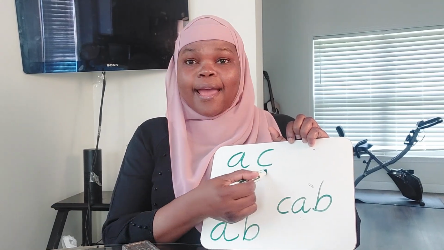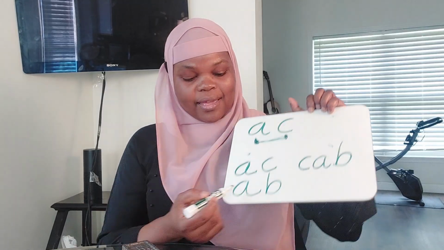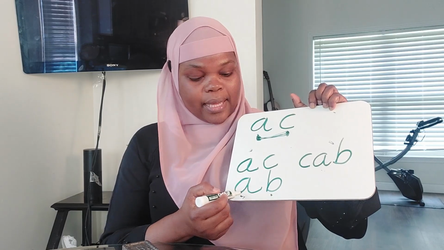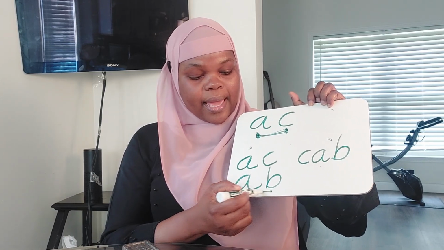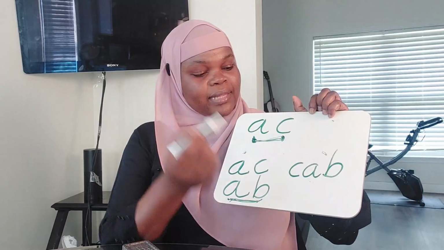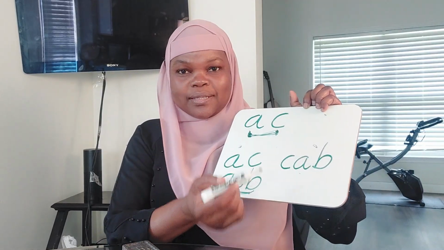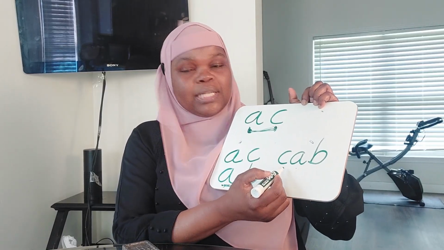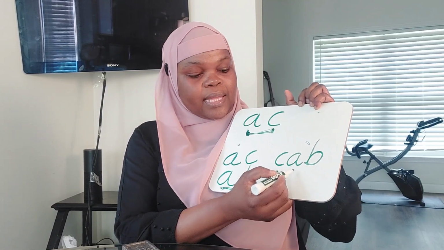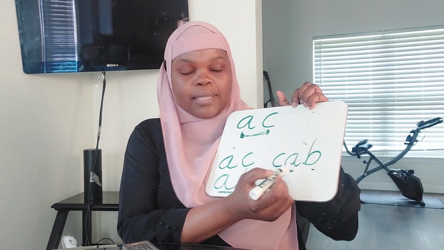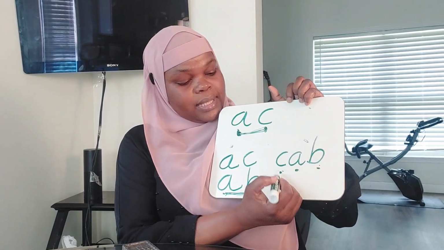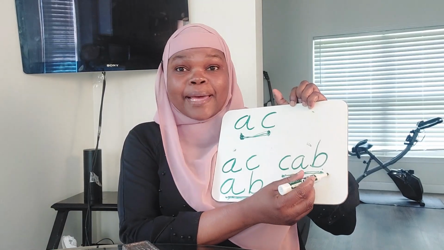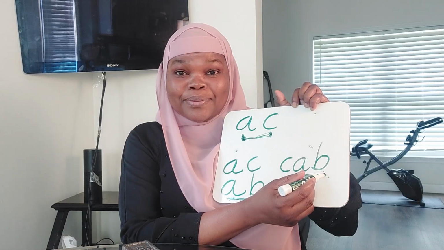Ak, ak. Ab, ab. Then the a, b, k can make the word cab. Cab, cab.